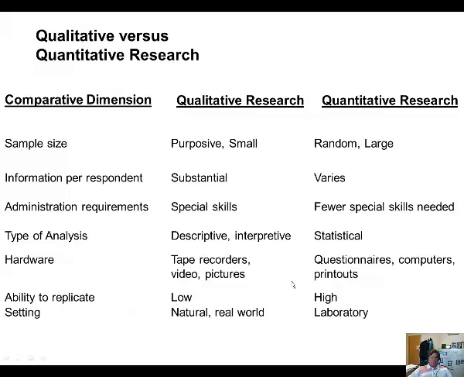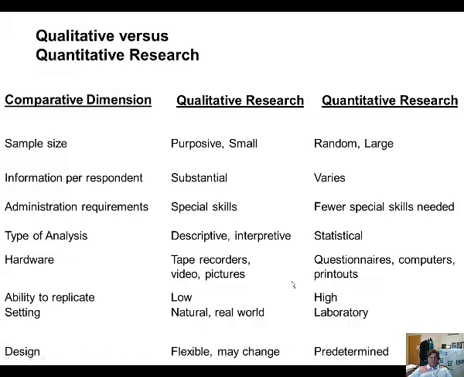The setting for qualitative research is usually the natural real world versus quantitative research where control is deemed very important, and because of that a lot of the research is conducted in a lab type setting.